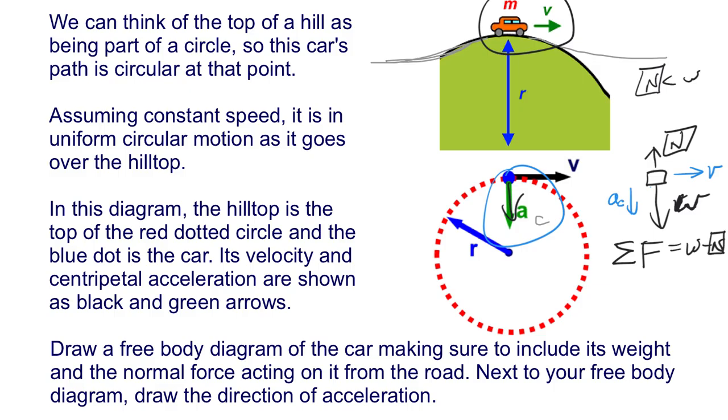The centrifugal force is always in the same direction as the centrifugal acceleration, which is downward. So the weight has to be bigger than the normal force, and because they're opposing each other, you've got to subtract them. And so you subtract the smaller one from the bigger one. The bigger one's always the one that's pointing towards the center of the circle in vertical circle problems.